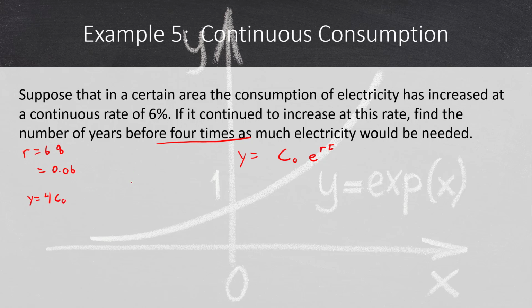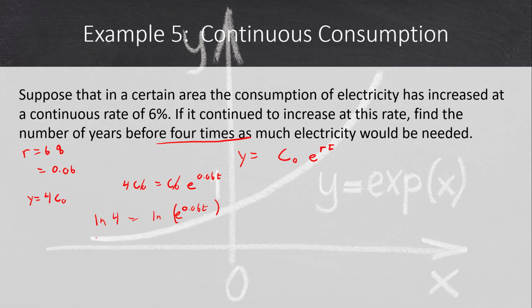And what does that give us? Well, that gives us that y, which is now 4 C naught, is equal to C naught times e to the 0.06 times t. Obviously, the C naughts cancel. I can take the natural log of both sides. That's going to give me the natural log of 4 is equal to the natural log of e to the 0.06 t.